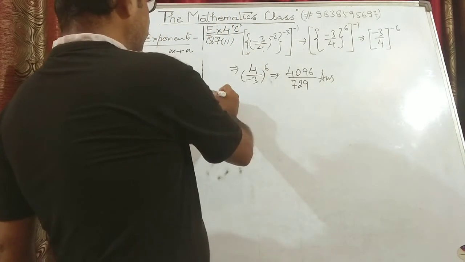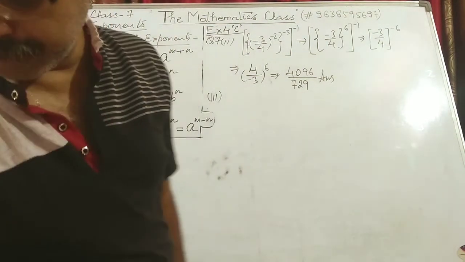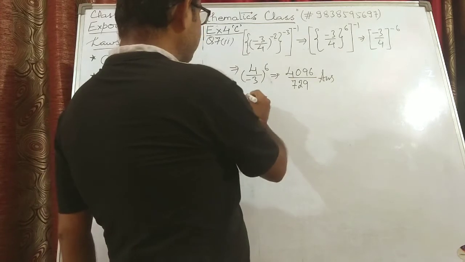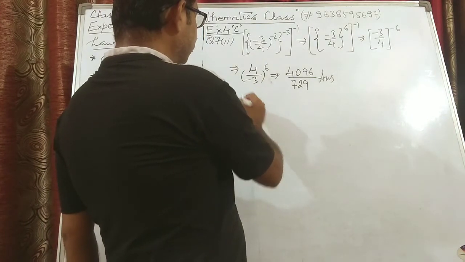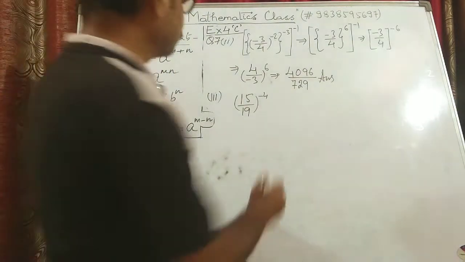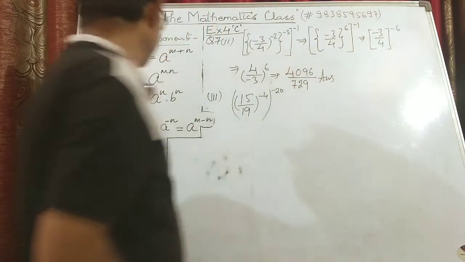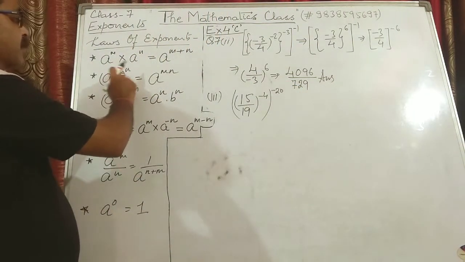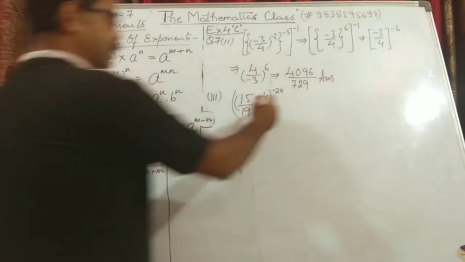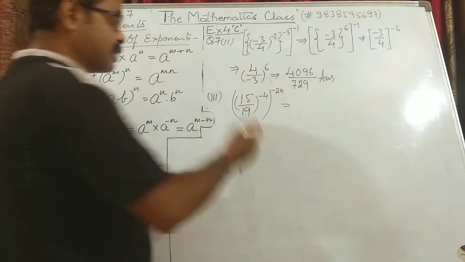Now we take the third question. In the third part, the question is (15/19)^-4, and then to the power -20. We know when there is power of power, simply powers get multiplied. So -4 into -20 will be +80.